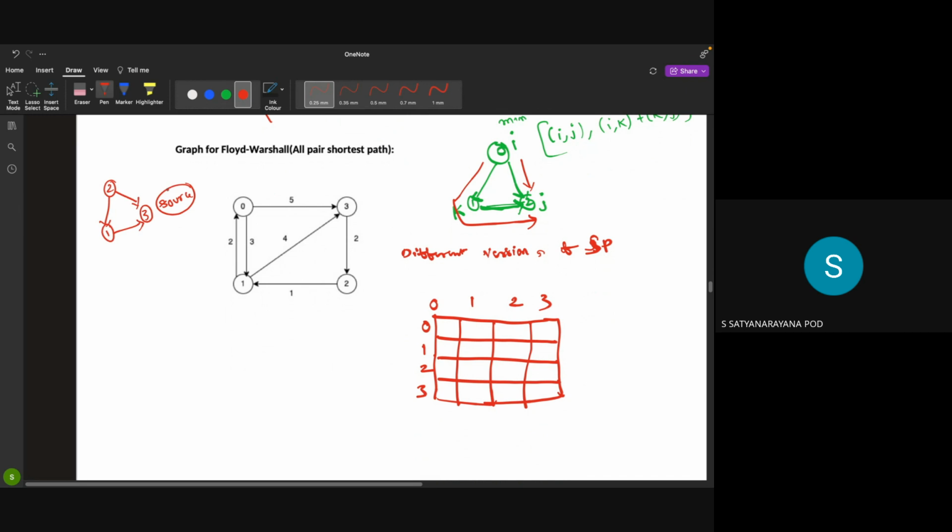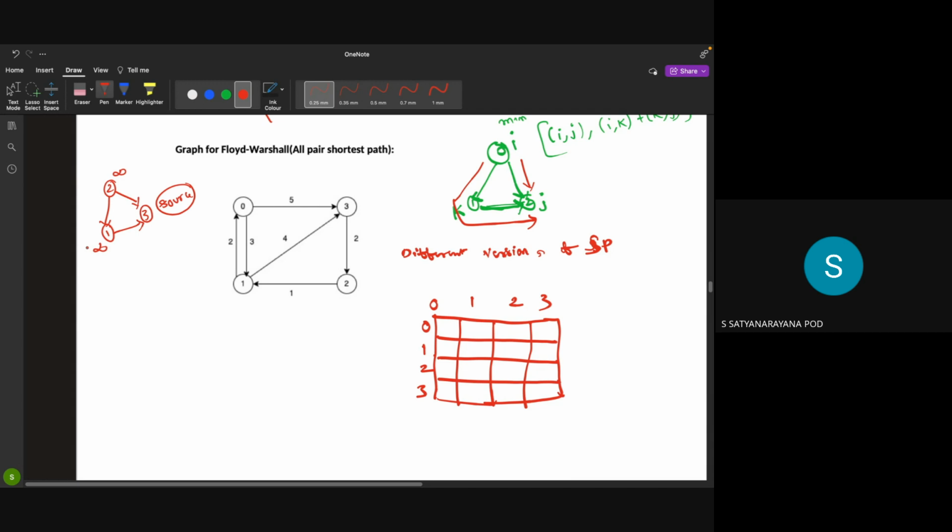Clear? So if the source is 3, what is the final result of any shortest path algorithm? If there is no reachability, they still remain infinite. Am I right?